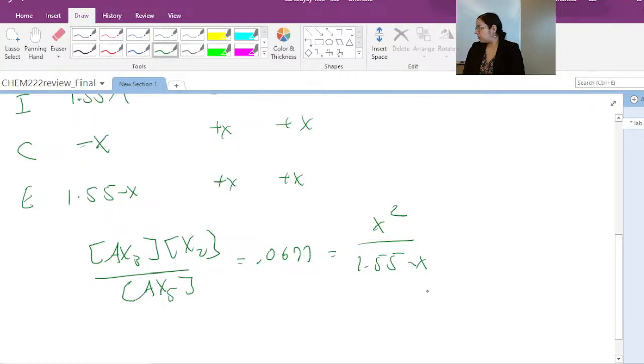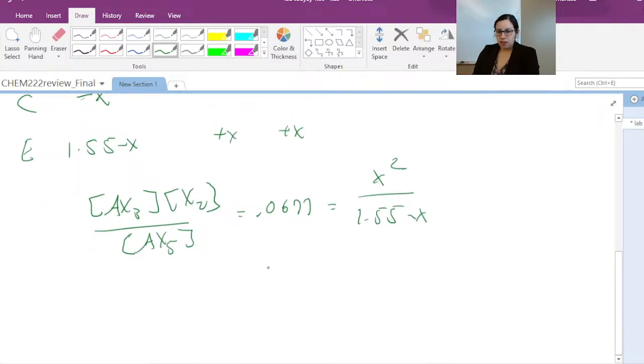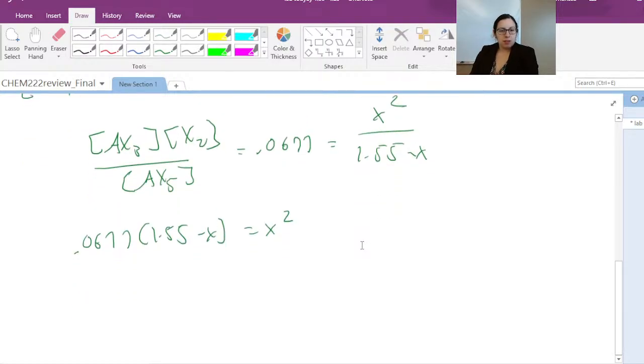And then to make sure you do the algebra correctly, I saw some funky algebra on some people's quizzes. And we can talk about the quiz too. So then just algebra from here. Let me pull up my calculator.